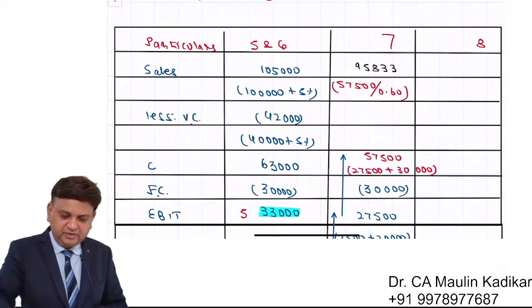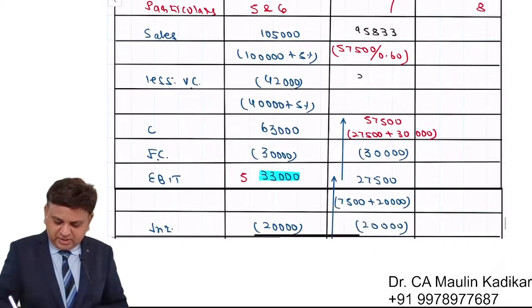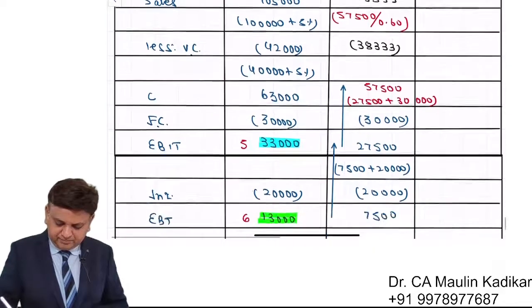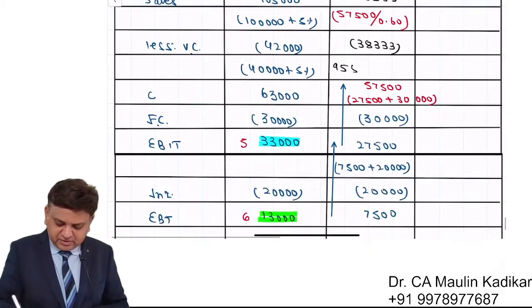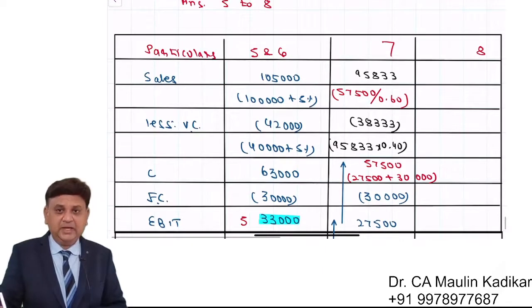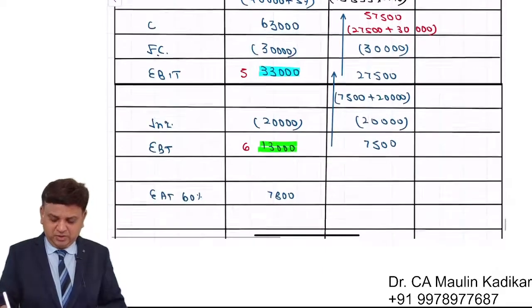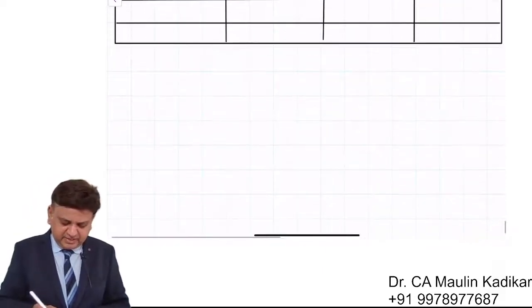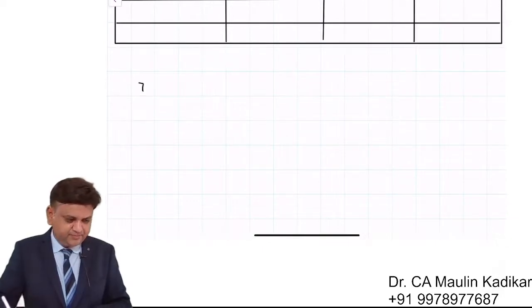Variable cost is 38,333, that is 95,833 into 0.40. Like that we understand. So for question 7 we can write the final answer like this.